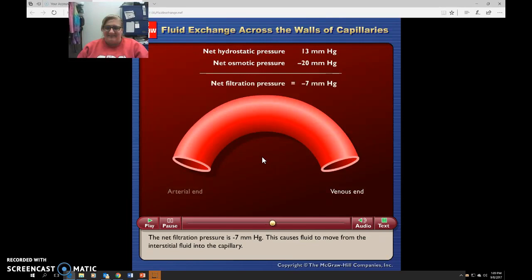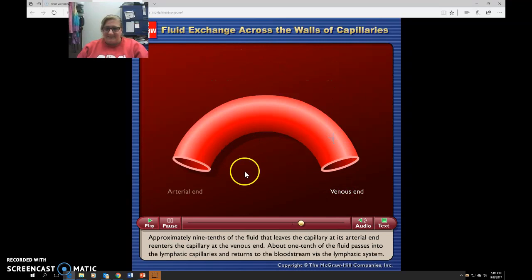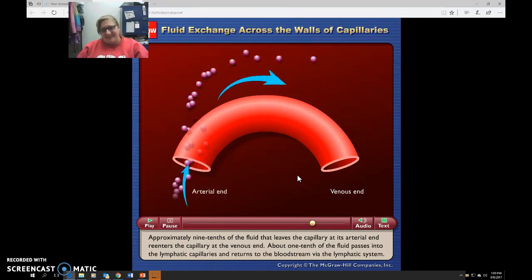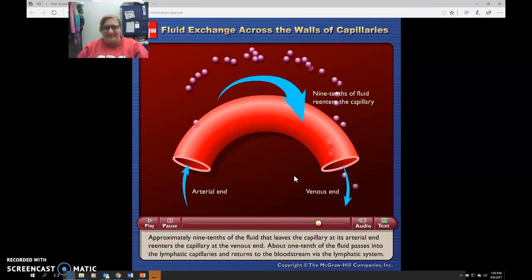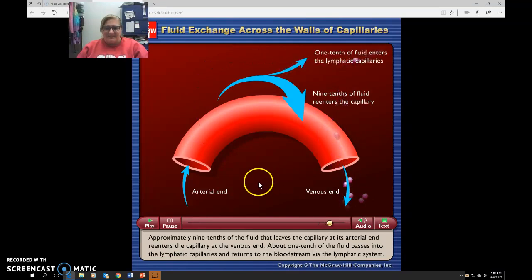The net filtration pressure is minus 7 millimeters of mercury. This causes fluid to move from the interstitial fluid into the capillary. Approximately 9/10 of the fluid that leaves the capillary at its arterial end re-enters the capillary at the venous end. About 1/10 of the fluid passes into the lymphatic capillaries and returns to the bloodstream via the lymphatic system.